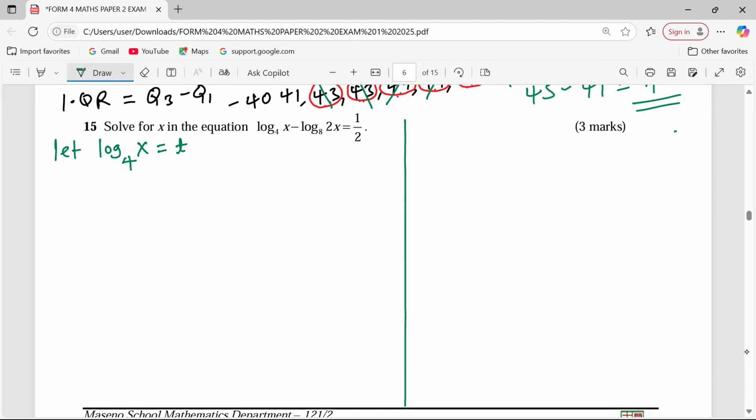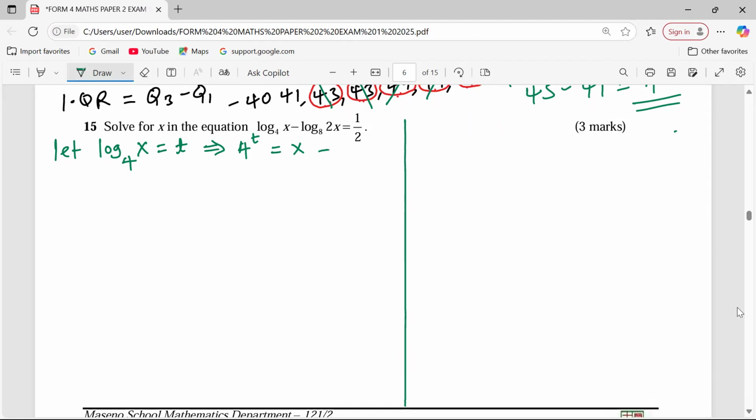With this, we can change the statement from logarithm to index notation, such that this becomes 4 power t is equal to x. So I have changed the statement from logarithm to index.